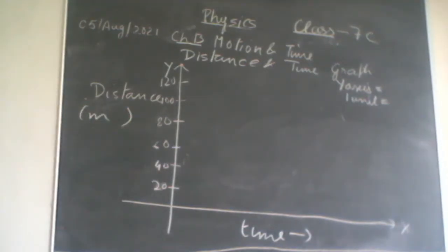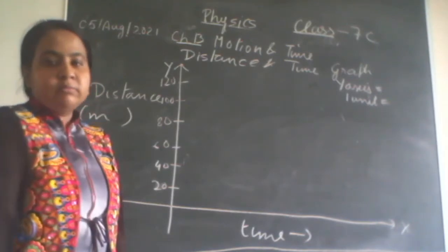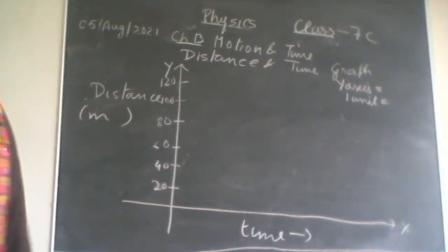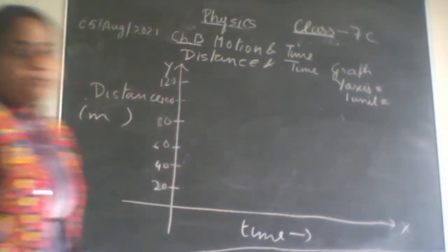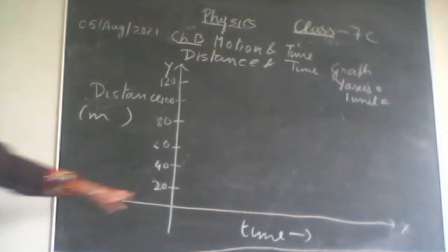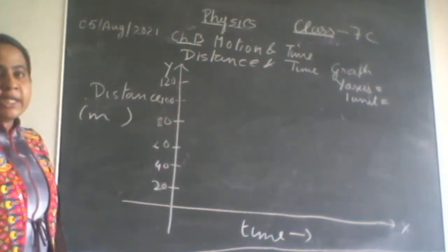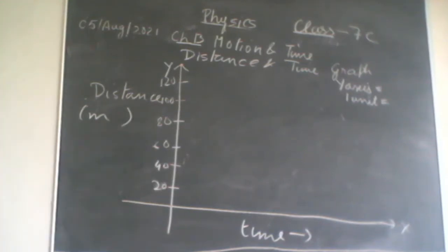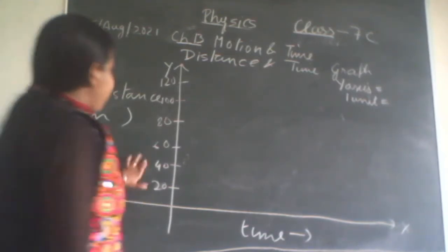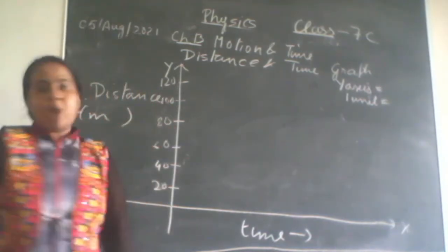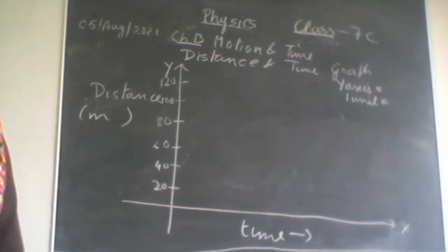So can anyone tell me how much 1 unit is equal to in the graph given? I hope you understand the lines, each line representing 1 unit. Look at 20, 40, 60, 80, 100, 120.